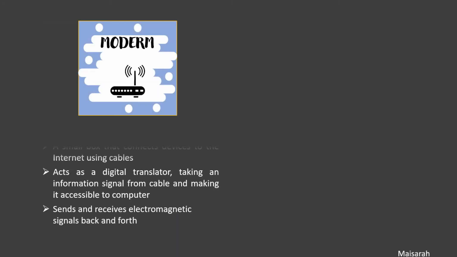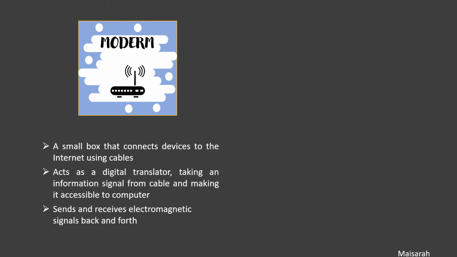Now I will proceed with the next application of electromagnetic wave, which is a modem. A modem, or the full name is modulator demodulator, is a small box that connects devices to the internet using cables. Unlike a router, a modem doesn't provide the home with Wi-Fi connectivity.